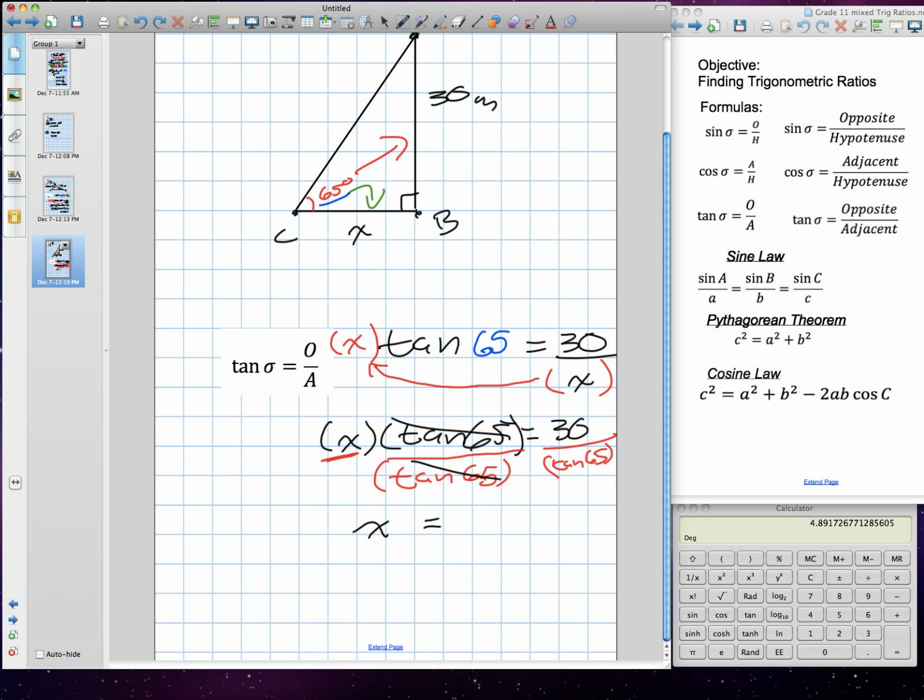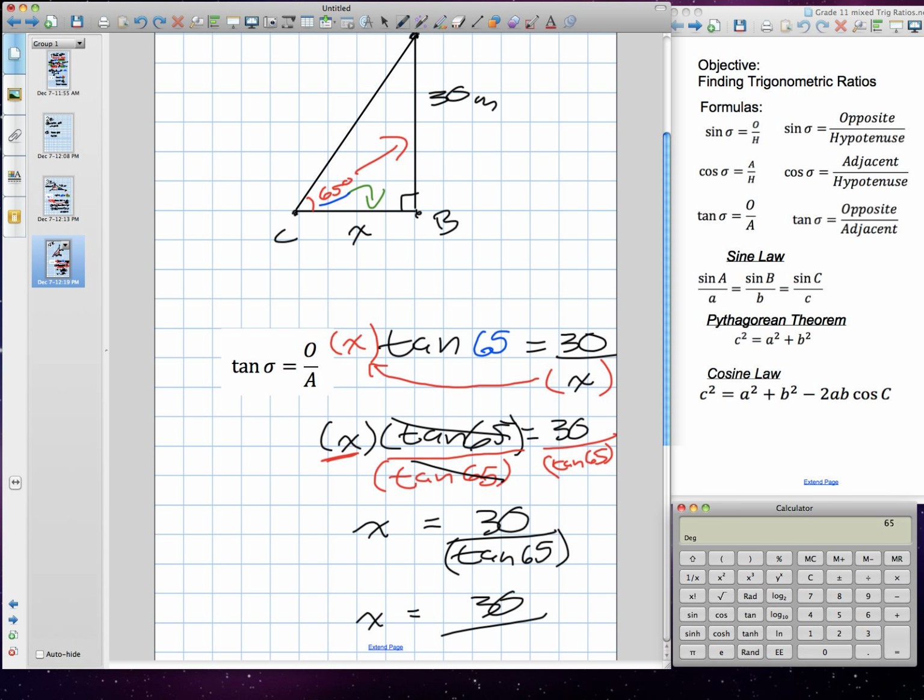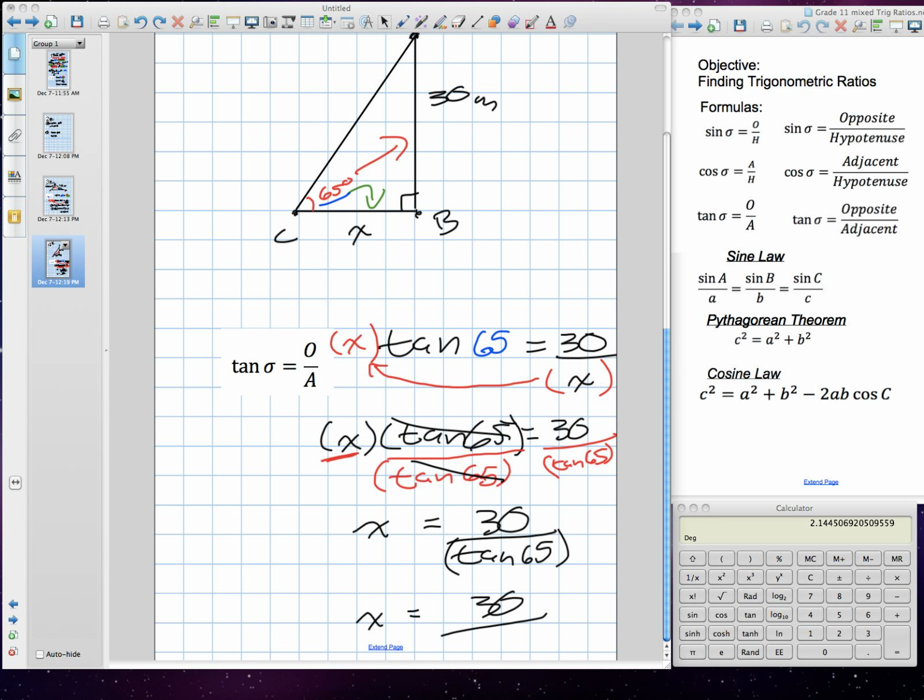Now, in many of your calculators, you'll be able to do this in one step. Just make sure you bracket the tan 65. In mine, it's going to be hard to show you, so I'm going to do this one step at a time. I'm going to solve for tan 65 first. So 30 divided by tangent 65, 2.144.